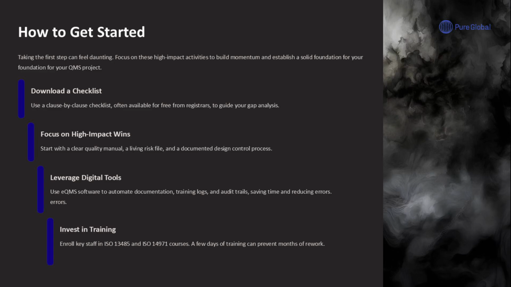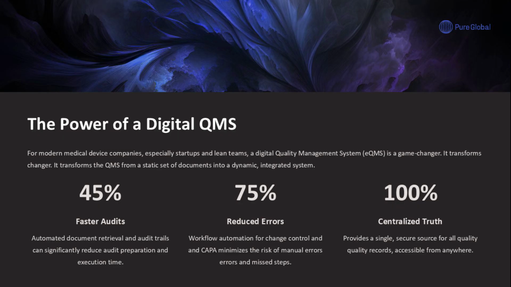Starting your ISO 13485 journey can be daunting, but focusing on high-impact activities can build momentum. Download a checklist, leverage digital tools, and invest in training to lay a solid foundation for your quality management system project. A digital quality management system is transformative for modern medical device companies.